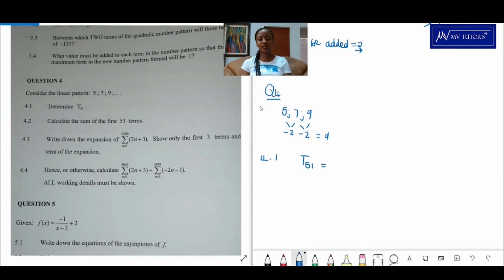First of all, we need to get the actual term formula. So let's get the term formula, which is a plus (n minus 1) d. A would be 5, n minus 1, and d would be 2.